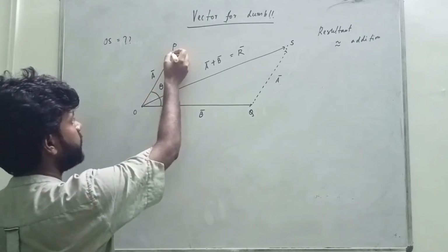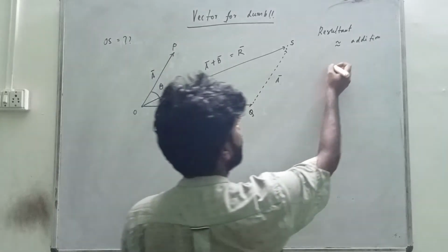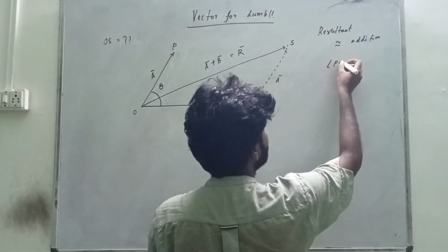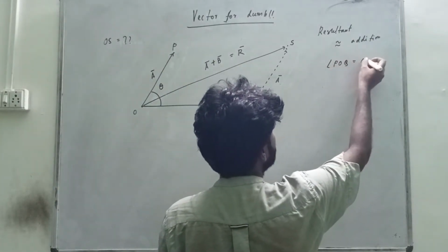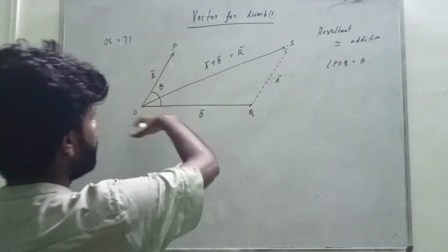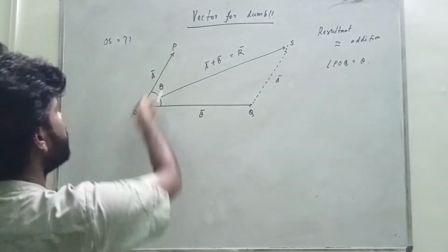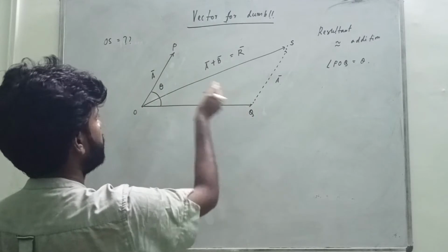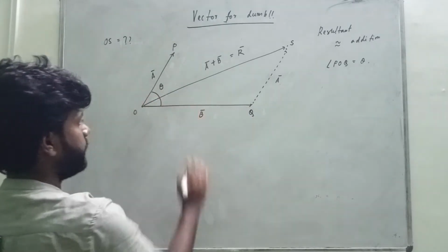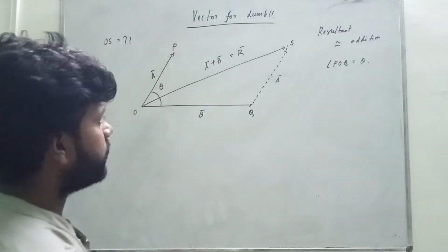So the angle POQ, the angle between OP and OQ, between vector a and vector b, is called theta.